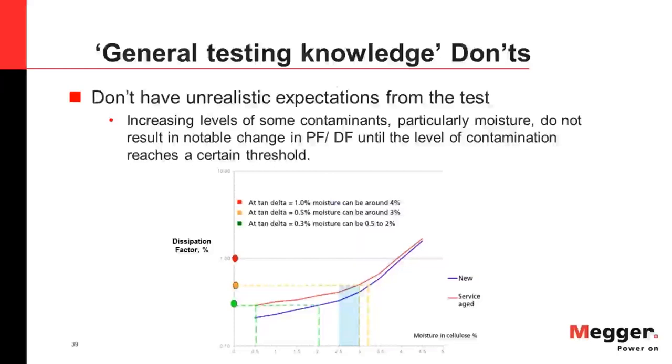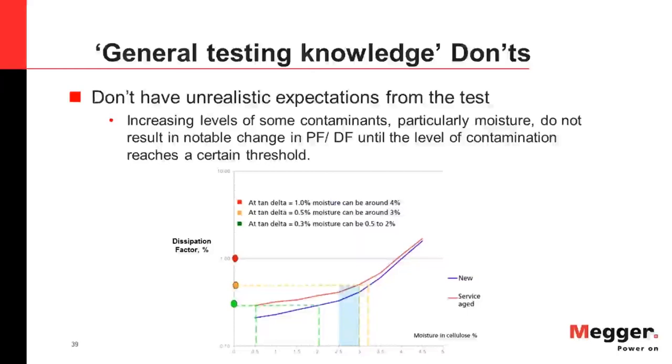It's not until moisture in paper is at least about 2.5% that the slopes marginally start to increase on these tan delta curves, and 3.5% moisture when the slopes notably increase, at which point you could say that dissipation factor has heightened sensitivity to moisture.